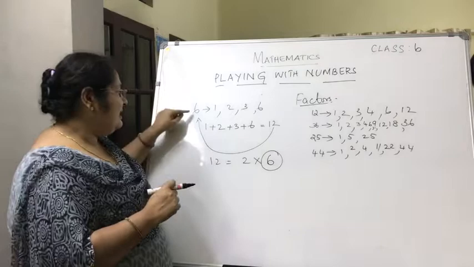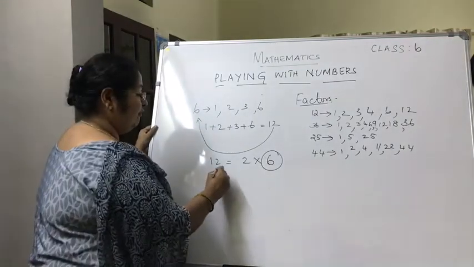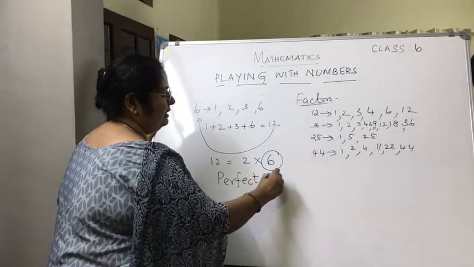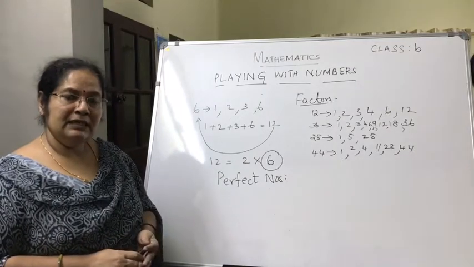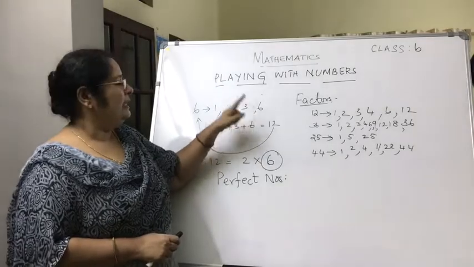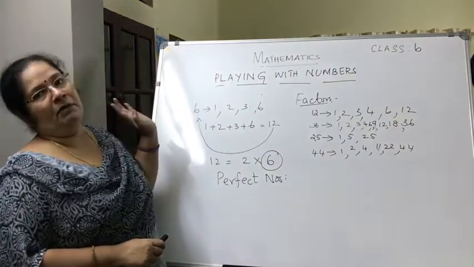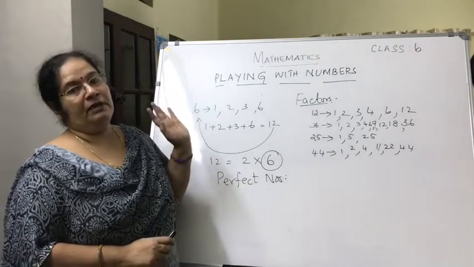Then this number or such numbers we call perfect numbers. What do you call it? Perfect numbers. So what are perfect numbers? Numbers whose sum of its factors is equal to twice the given number. They are called perfect numbers.